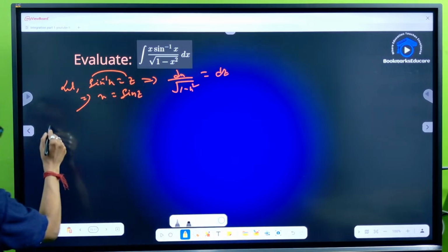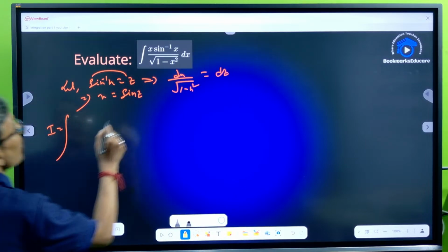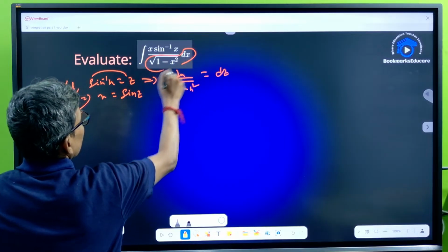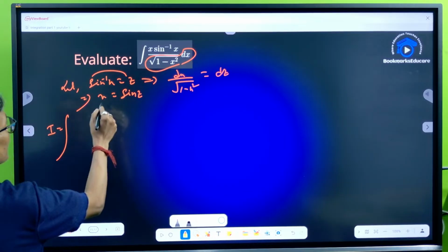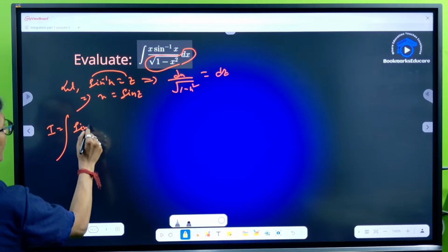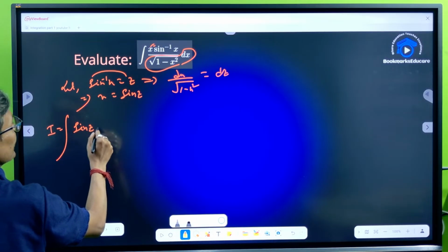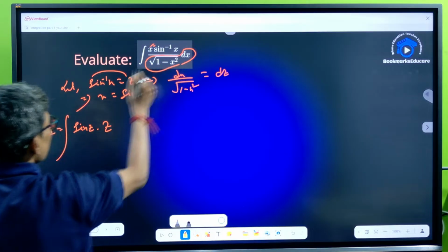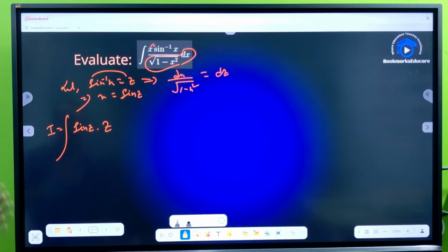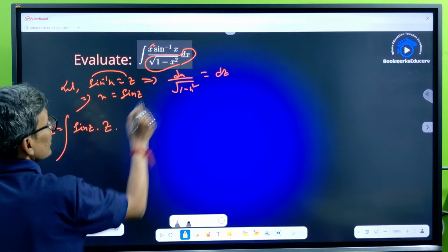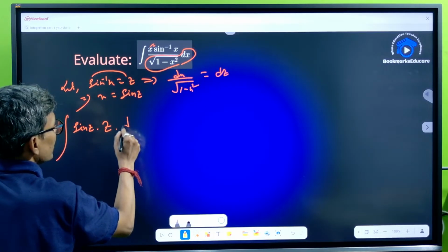So I is equal to, x means sin z, and sin inverse x means z, and instead of this portion we can put dz.